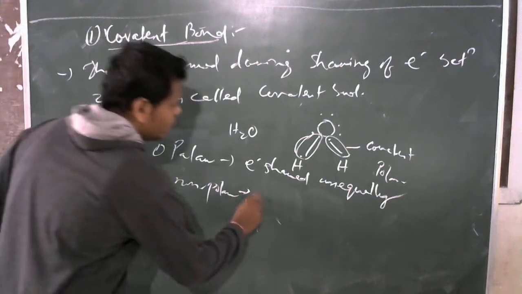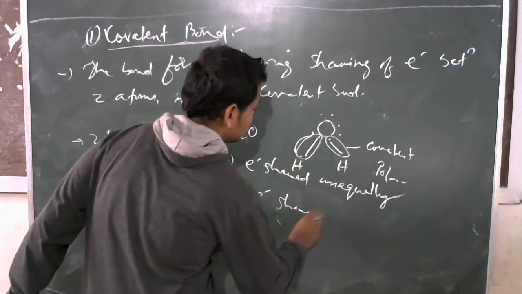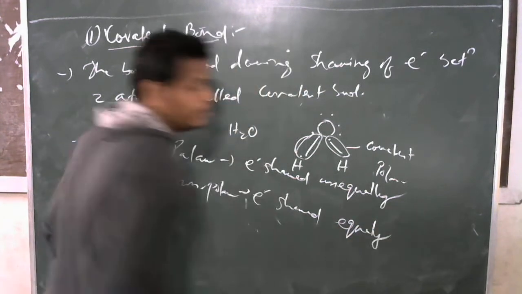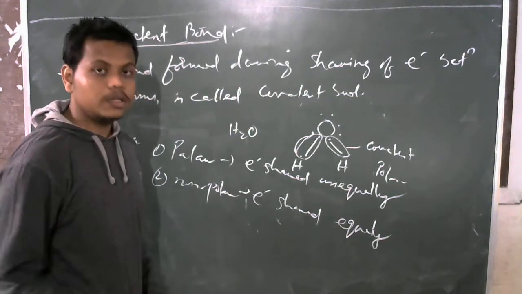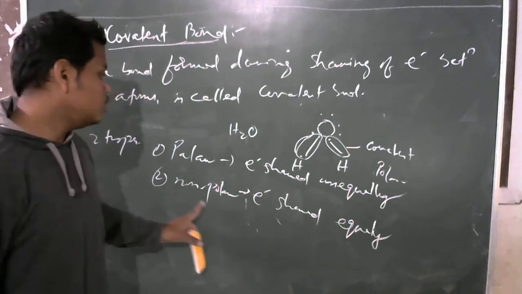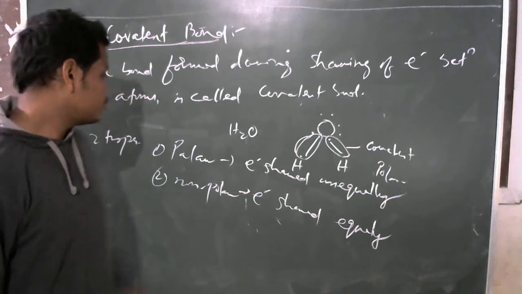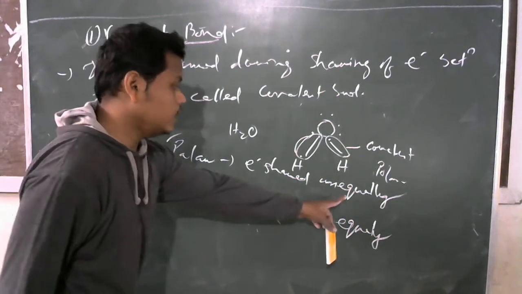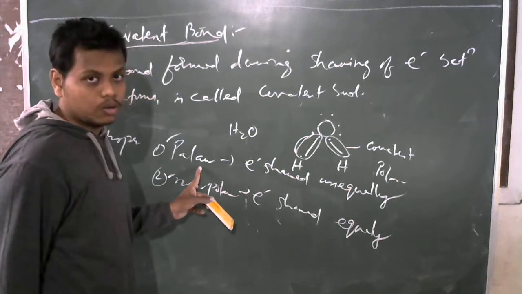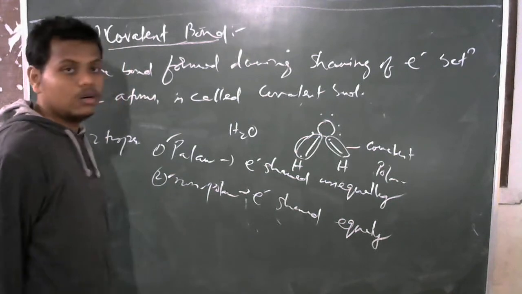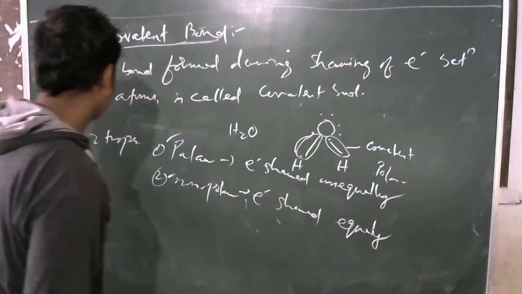And when the electron is shared equally, giving 2 electrons, gaining 2 electrons, giving 3 electrons, gaining 3 electrons, then the bond formed is called a non-polar covalent bond. When the electrons are shared in unequal form, that is called a polar covalent bond. When the electrons are shared equally, that is called a non-polar covalent bond.